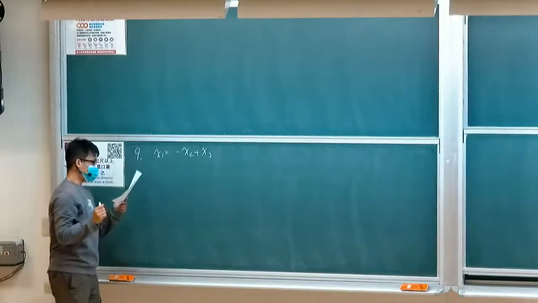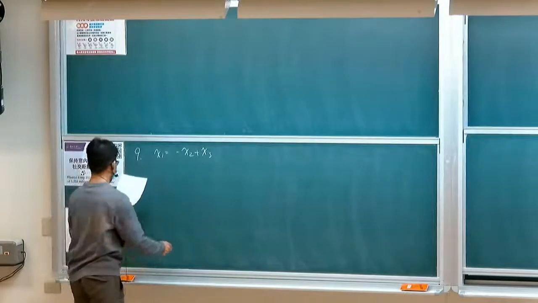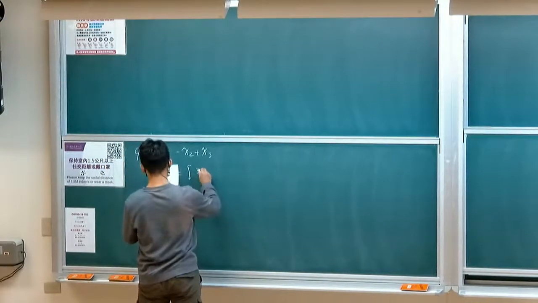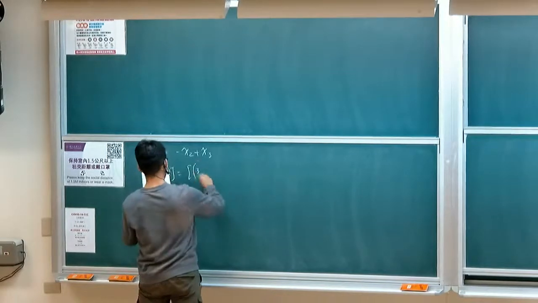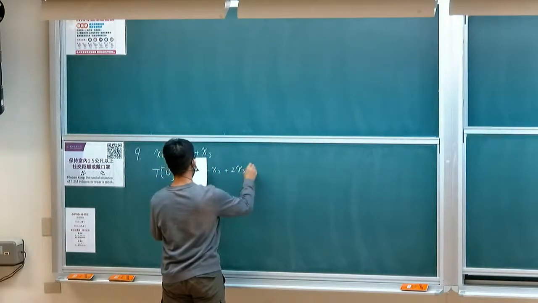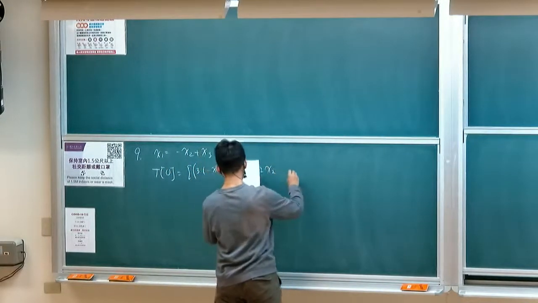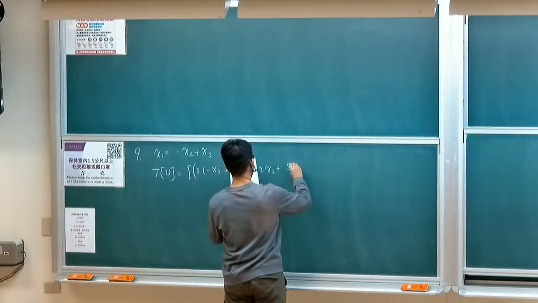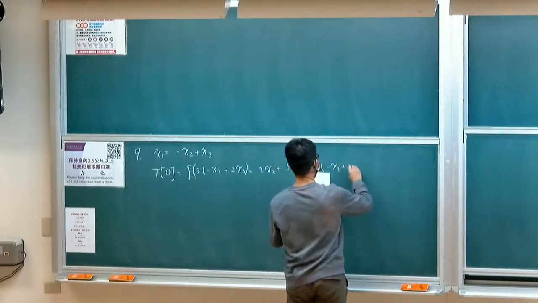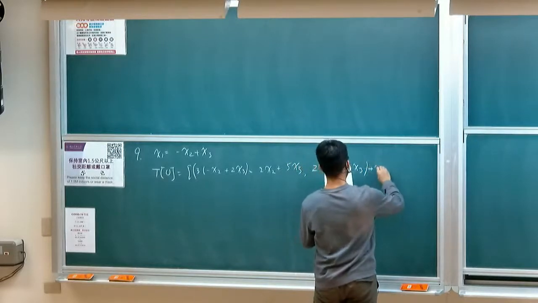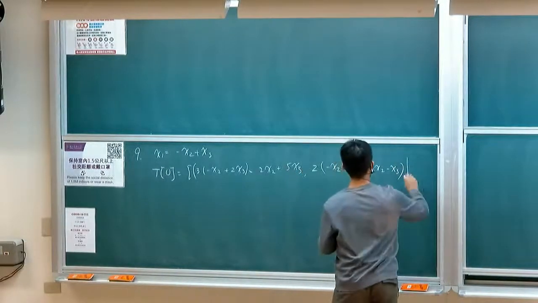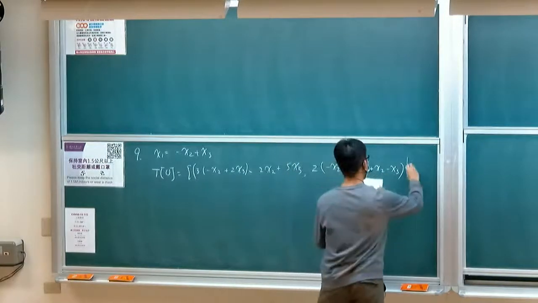With this, the description of the image of U by the mapping T can be written like this: T of U is equal to (3 times (minus x2 plus x3) minus 2x2, 5 times x3, and 2 times (minus x2 plus x3) plus x2 minus x3), where x2 and x3 are both real numbers.